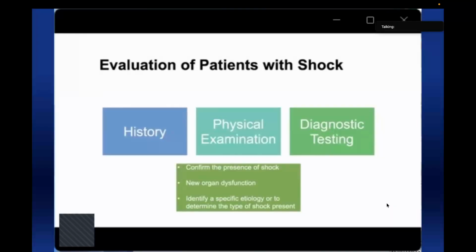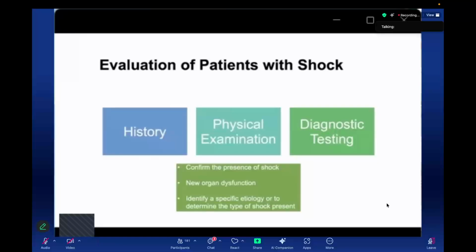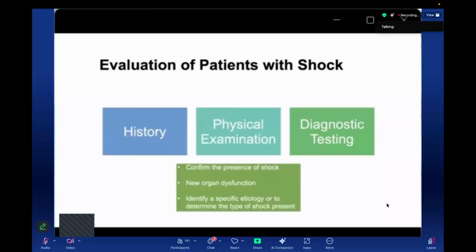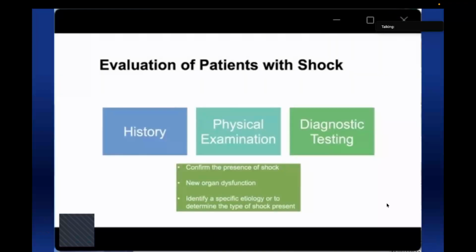And of course, diagnostic testing also is very important to evaluate what type of shock we are dealing with. Simple echo can rule out or rule in some problem with your obstructive shock. And also with the cardiogenic shock, because we can also see from the echo your ejection fraction or your ability of your left ventricle to pump blood to the different parts of your body.